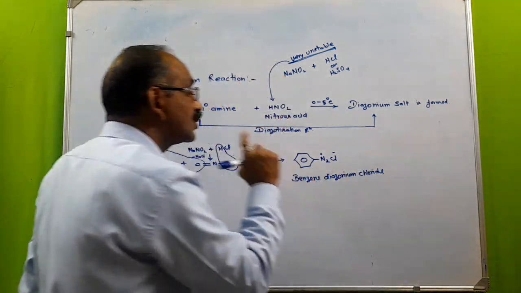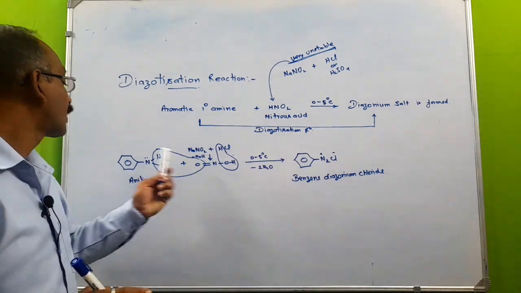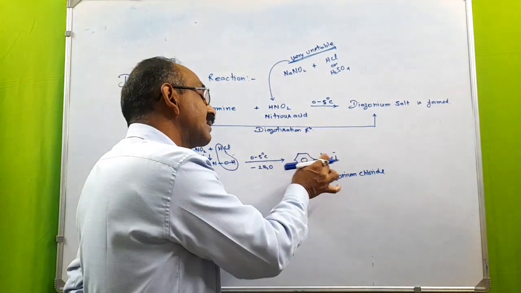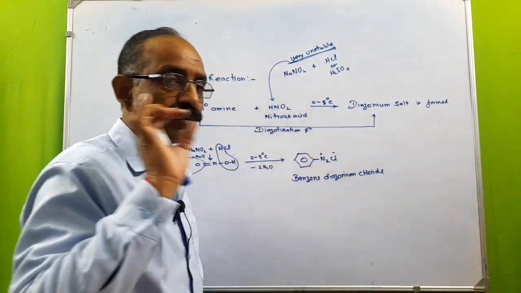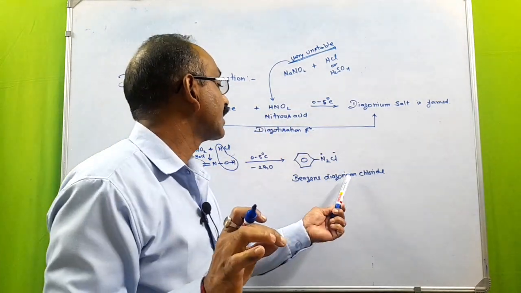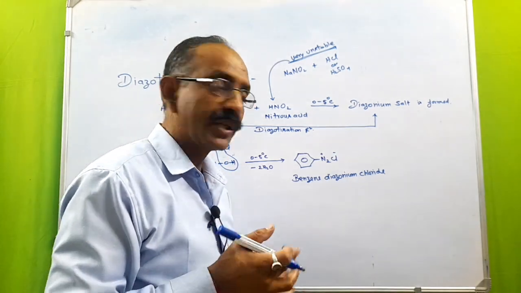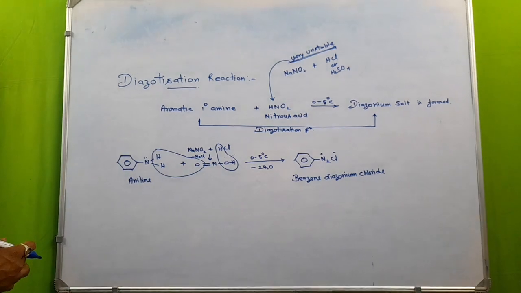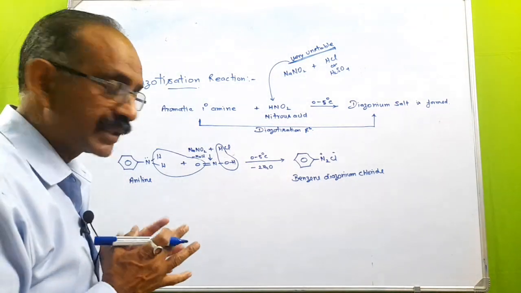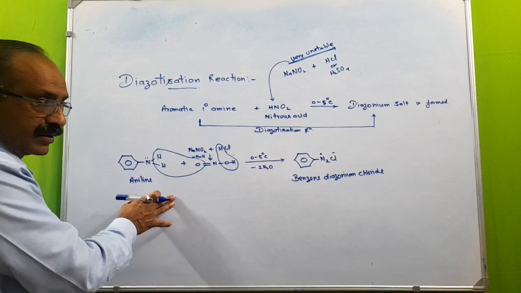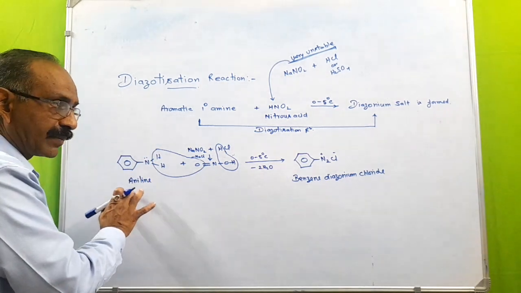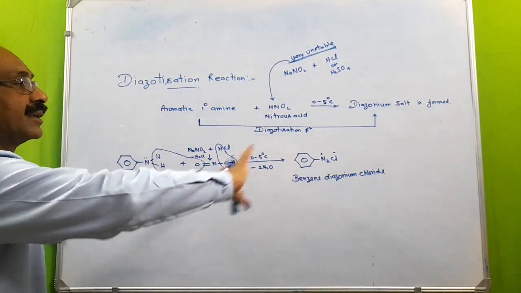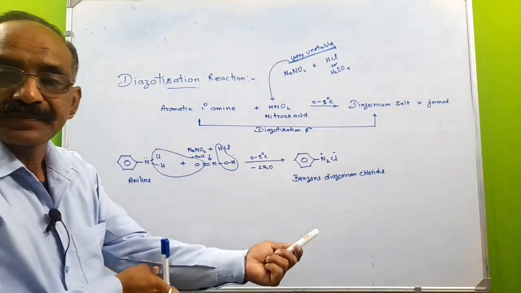See here, azo means nitrogen. As there are two nitrogens, that's why it is diazo. And since the nitrogen bears a positive charge, the suffix "-ium" is used here. So the name of this salt is benzene diazonium chloride. Is it clear? This reaction of conversion of aromatic primary amine to diazonium salt is the diazotization reaction.